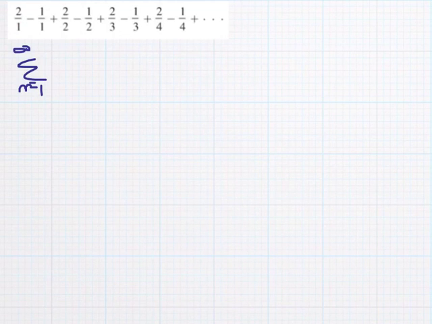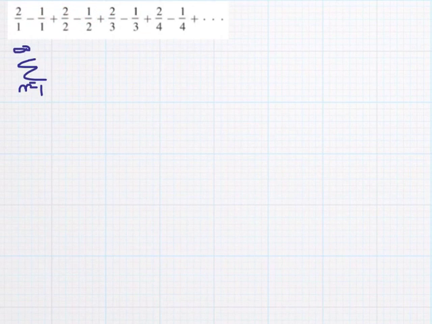Then this is going up to 2. Then this is going up to 3. So my denominator is going to be my n, as it goes up and up and up. And then all my numerators are doing is switching back and forth between 2 and 1, between 2 and 1, between 2 and 1.